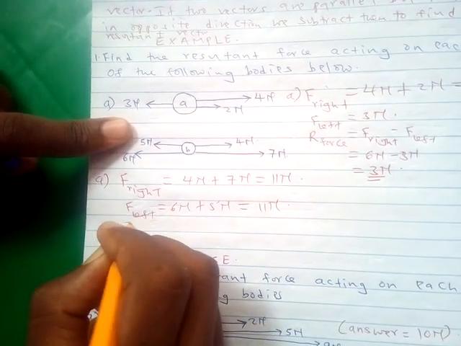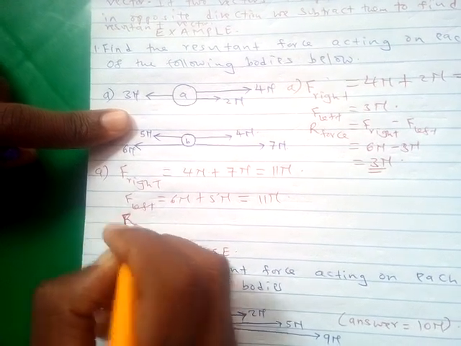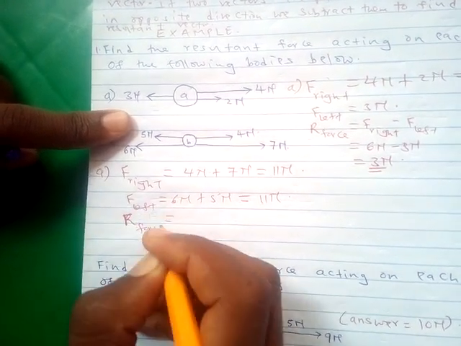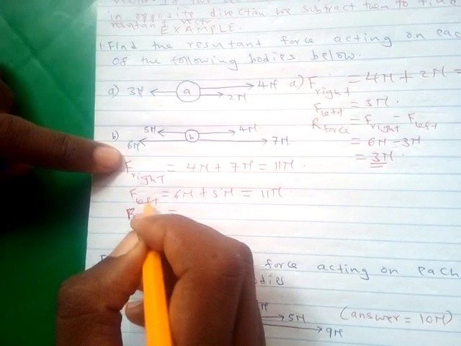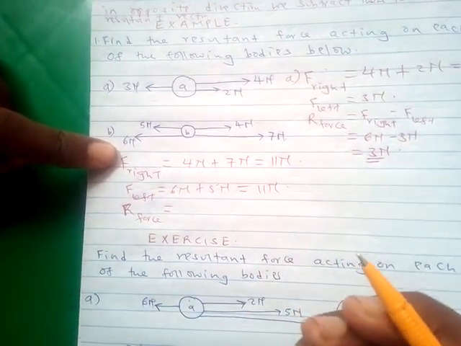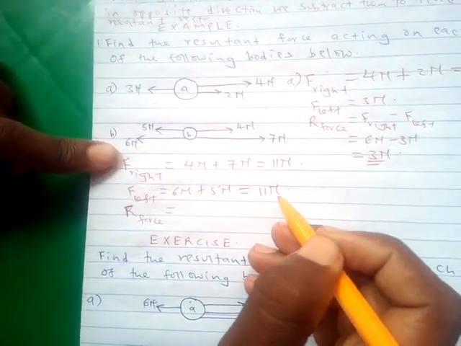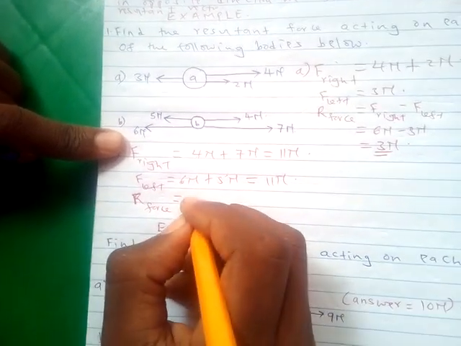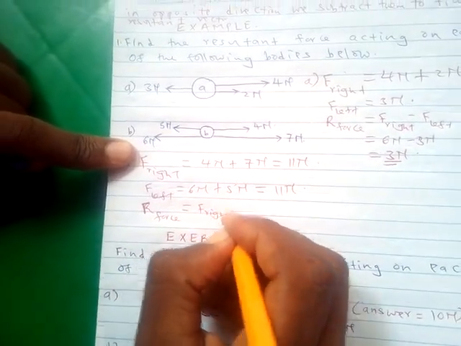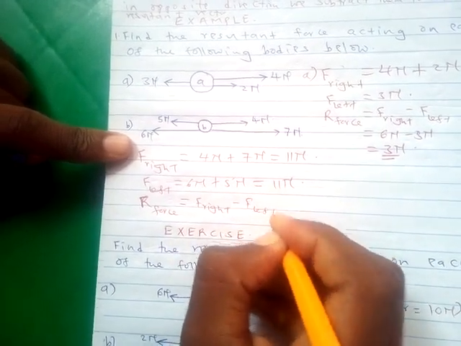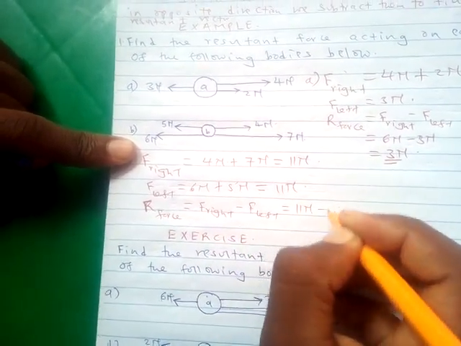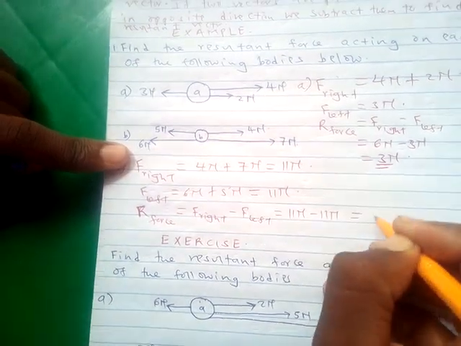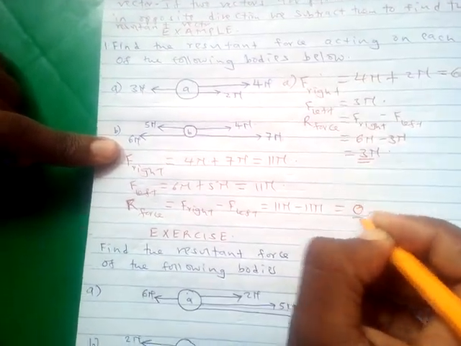Then the resultant force will be equal to force on the right hand side minus force on the left hand side, because they are all equal. Even if you began with the left hand side minus the right hand side, the answer will still be the same. So 11 Newton minus 11 Newton equals 0.